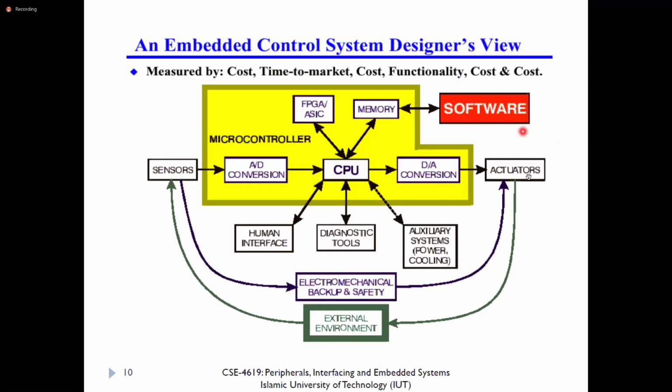So these are the major components that are needed to design any embedded system. We have some core components and we have some additional or external components required to design embedded devices.